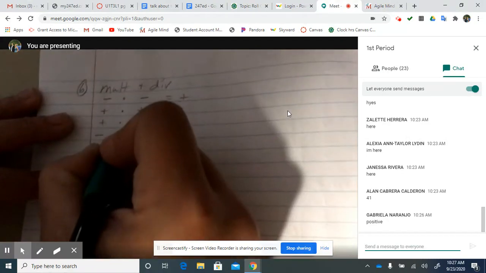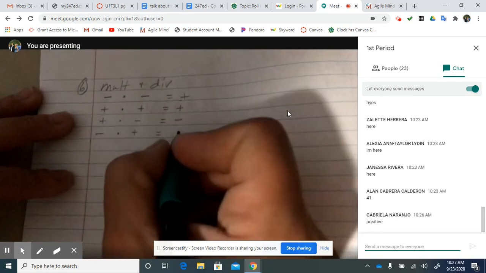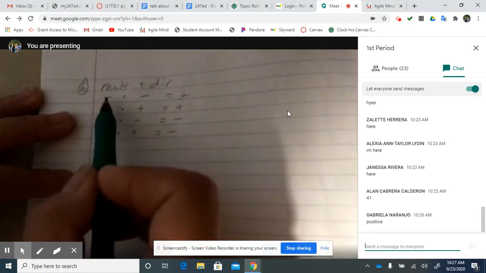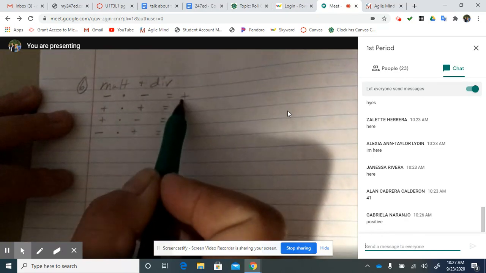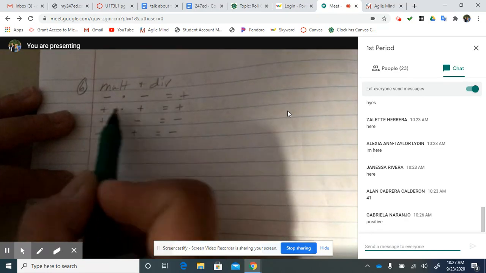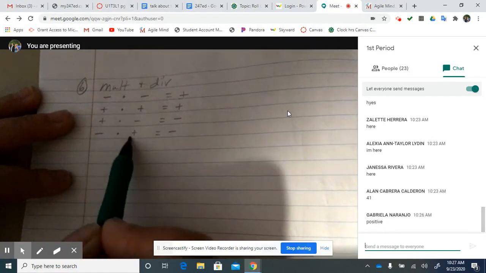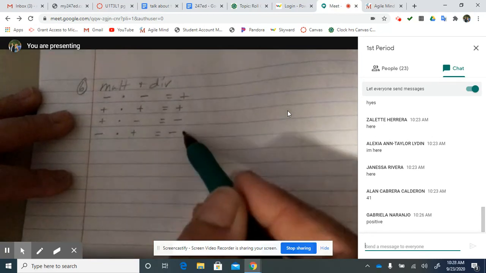How about negative times positive? Very good. So when the signs are the same, a negative number times a negative number, it's going to end up being positive. Signs are the same, answer will be positive. When the signs are different, a positive number times a negative number, or a negative number times a positive number, you're going to end up with a negative answer.